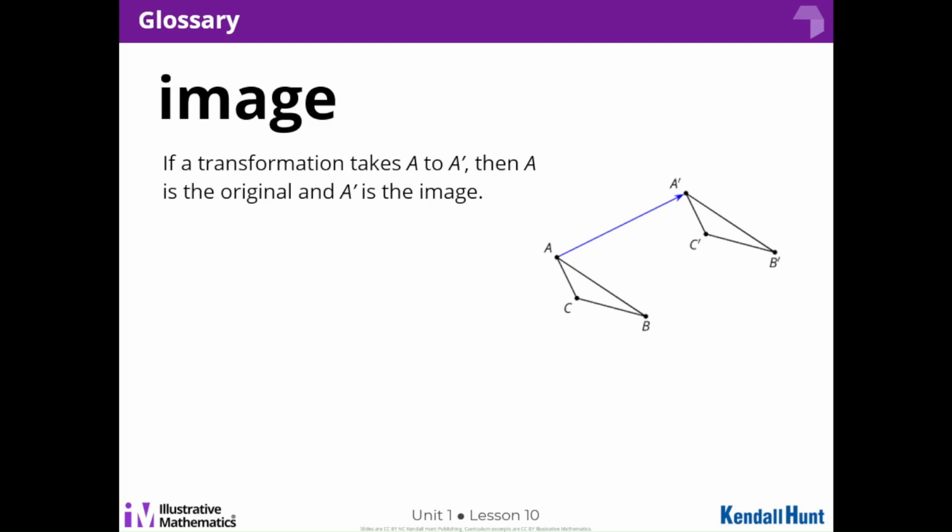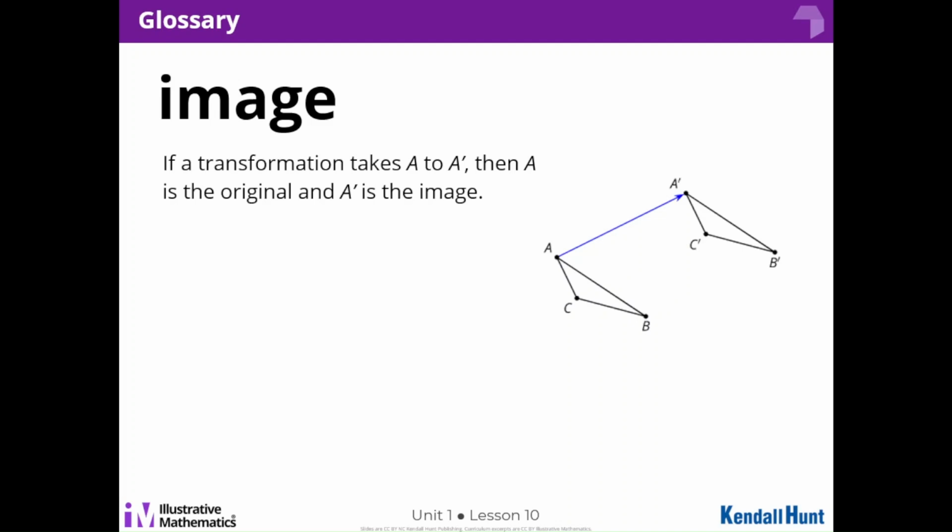If you look to the right here, we have a triangle in the lower left, and a triangle in the upper right. You'll notice that the letters on the triangle in the lower left are A, B, and C. The letters in the upper right triangle are A prime, B prime, and C prime.